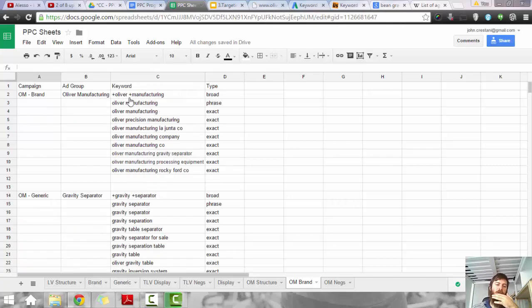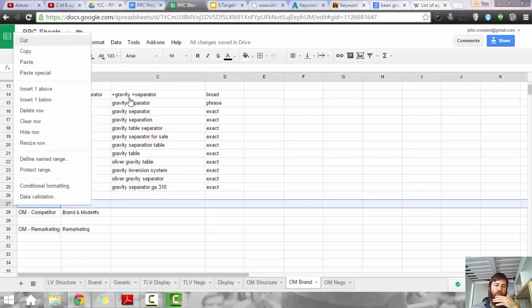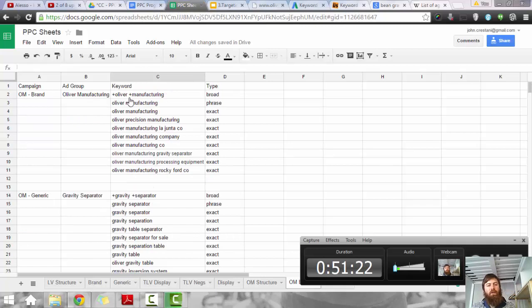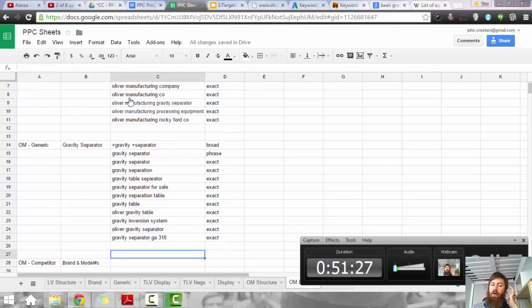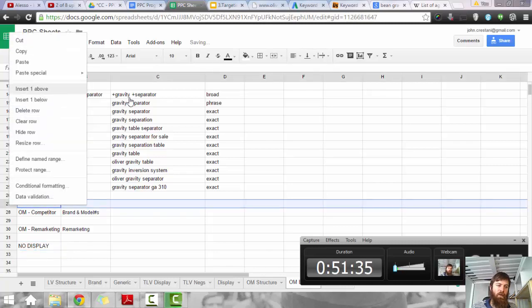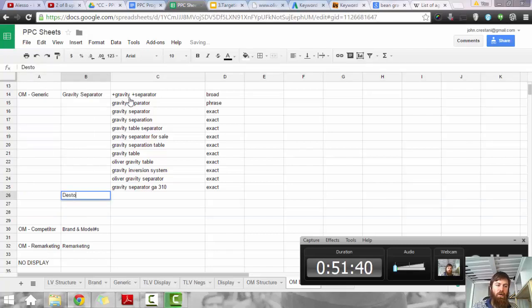So I hope that's been helpful, and I hope that explained all of this for Oliver Manufacturing, and how you would go about the keyword and advertising setup. I'll just say no display, and just to drive home the other ad groups that I would create here, I would do destoner, fluidized bed dryer, and color sorter.